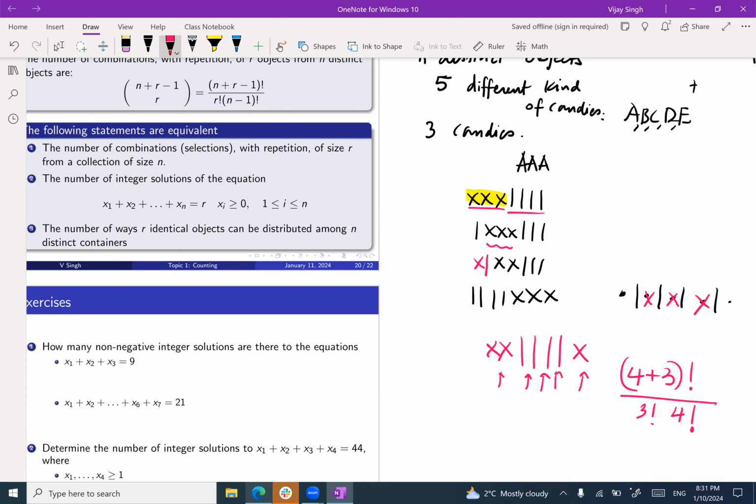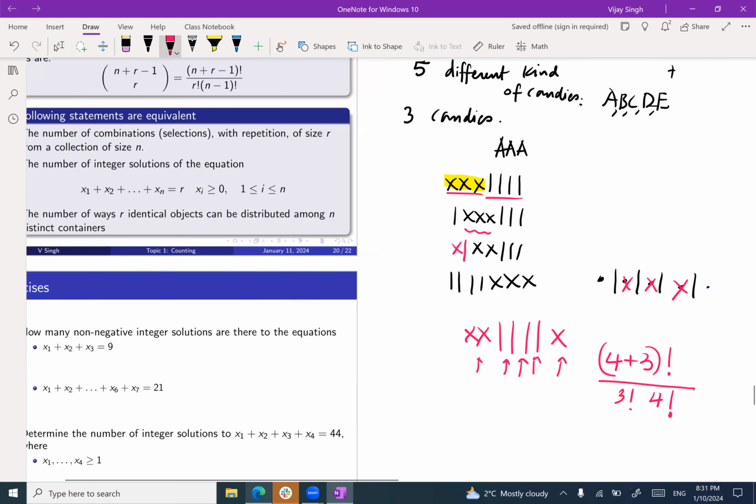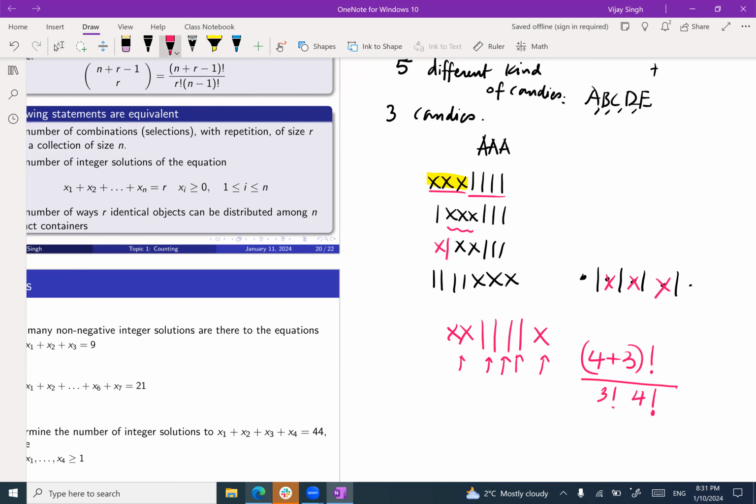Let's do a little bit of rearrangement. I just want to make sure that this looks like a formula. This can be seen as 5 plus 3 minus 1, right? 4 can be written as 5 minus 1. Then we have 3 factorial. And instead of 4, can I write 5 minus 1 factorial? Yeah. So how many such distributions of candies are possible?